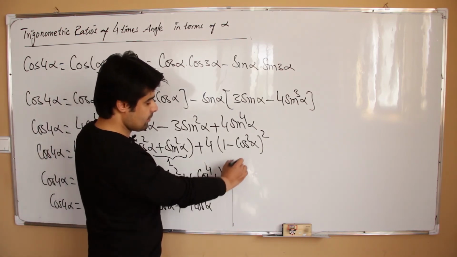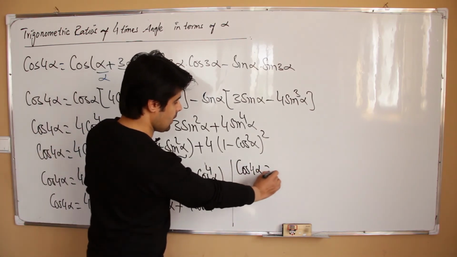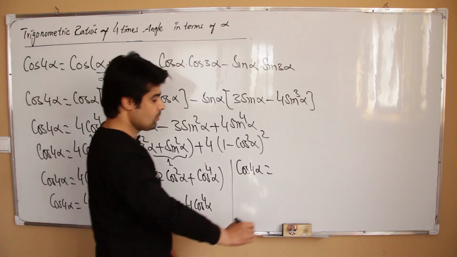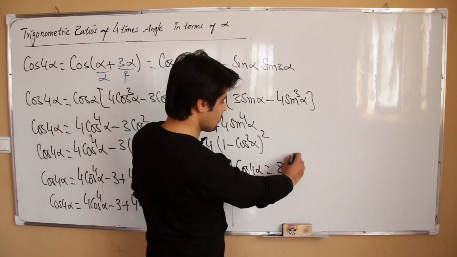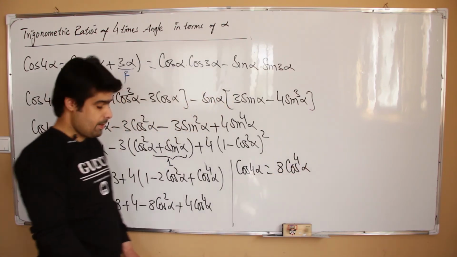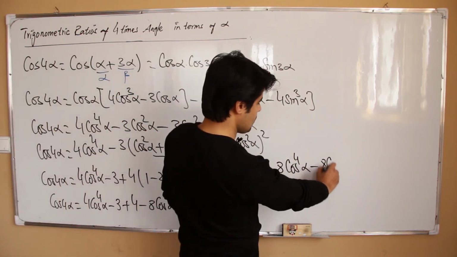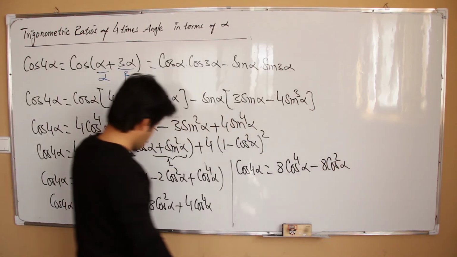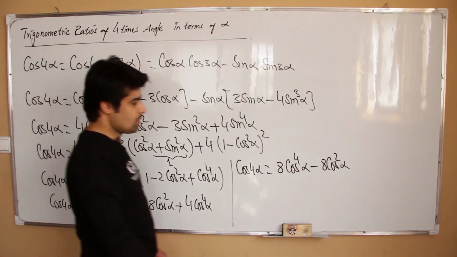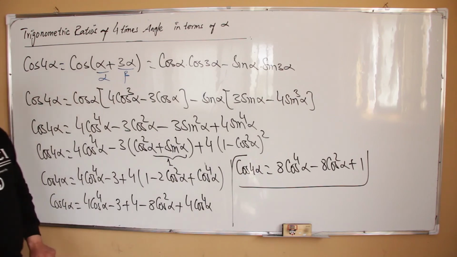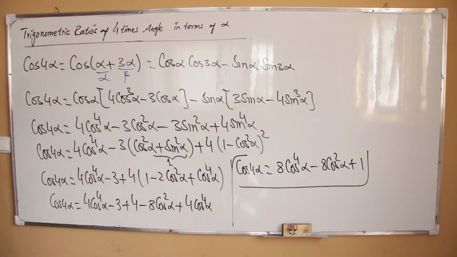Now cosine of 4 alpha: 4 cosine to the power 4 plus 4 cosine to the power 4, it is 8 cosine to the power 4 alpha. Am I right? Yes. Now minus 8 cosine square of alpha, and 4 with minus 3, it is 1. We can define cosine of 4 alpha as 8 cosine to the power 4 alpha minus 8 cosine square alpha plus 1.